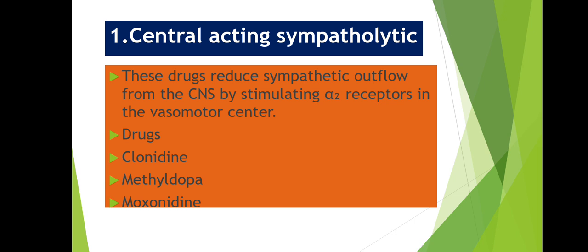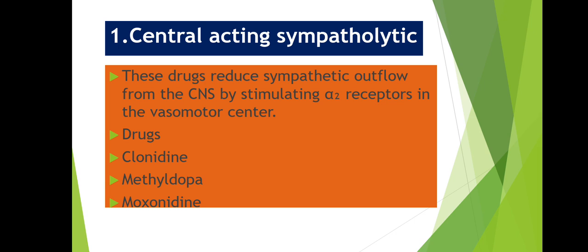Once these receptors are stimulated, they are going to reduce the blood pressure. This is what we mean. So now, once you give this particular medication like clonidine, methyldopa, moxonidine, they work against the sympathetic nervous system, because sympathetic nervous system increases blood pressure.